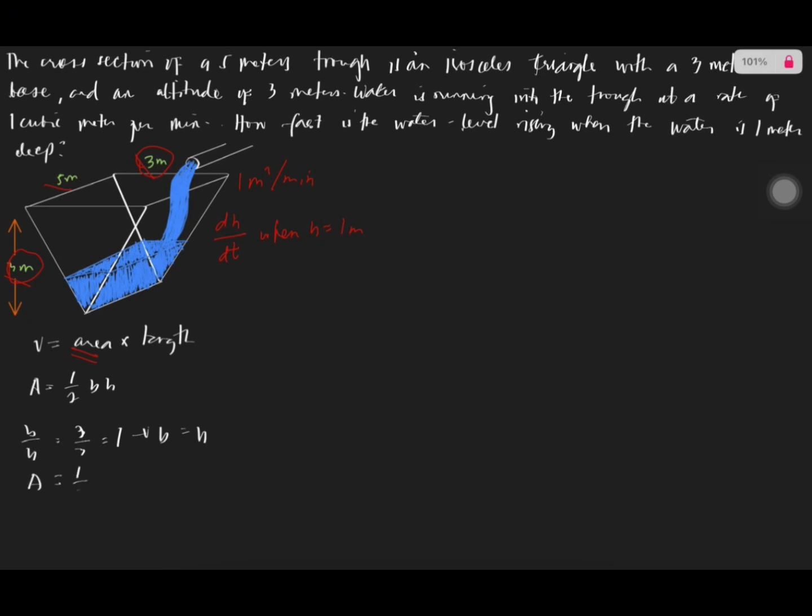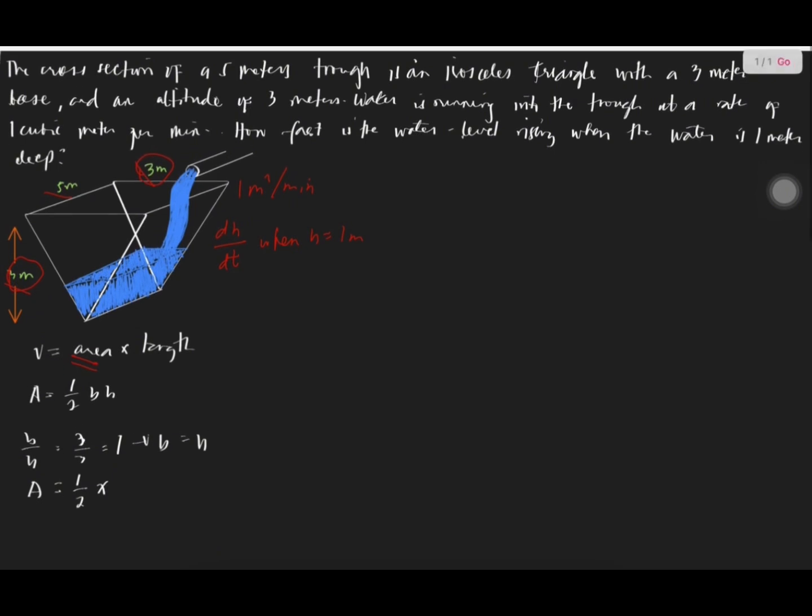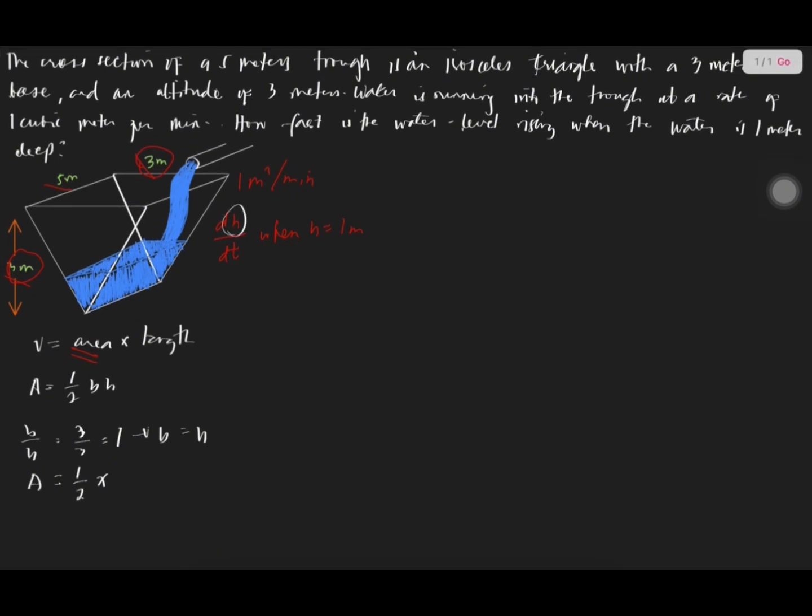So now we have 1/2 times base times height, and to get everything in terms of height, we convert our b into h. Since b is equal to h, we have 1/2 times h times h, so our area A is equal to 1/2 times h squared.